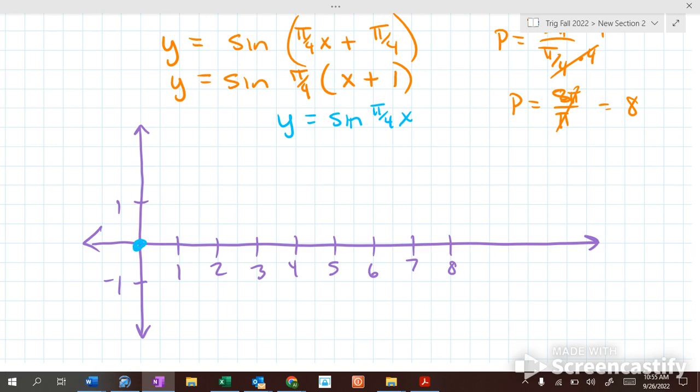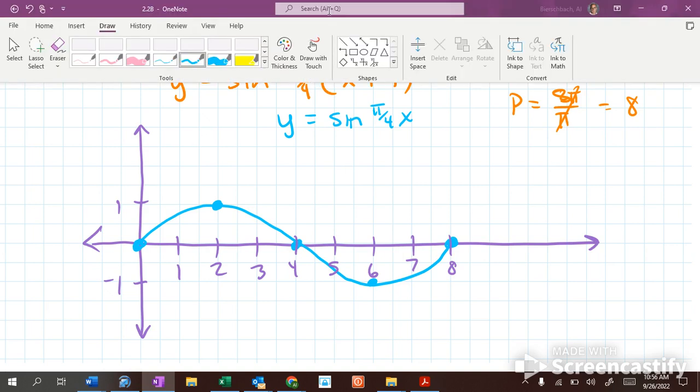And then where am I going to end at? 8, 0. And halfway in between, I'm going to be at 4, 0. So my graph goes up first, so halfway in between 0 and 4 is 2, so I'm going to be there first. Halfway in between 4 and 8 is 6, I'm going to be there then. And there we go. That's sine of pi over 4x.